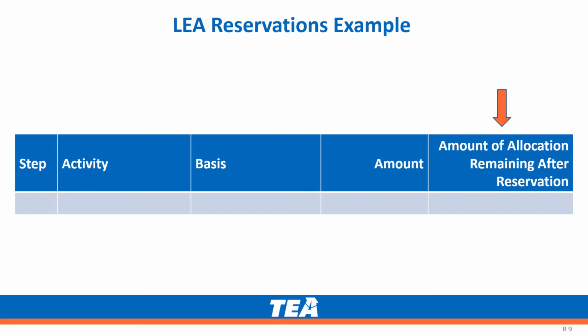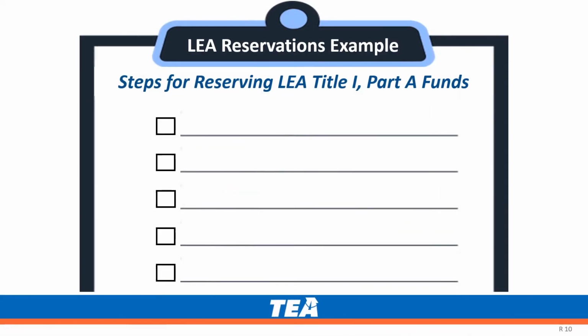We will use a 5-step process to assist us with understanding the LEA reservation process. The first step will be to determine the amount of Title I Part A funds that the LEA must reserve for equitable services to eligible private school students.